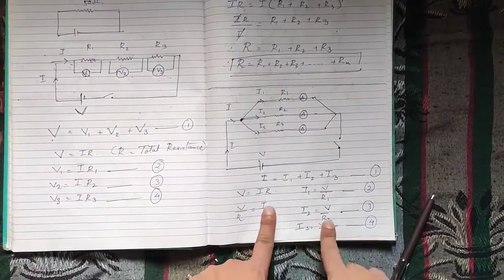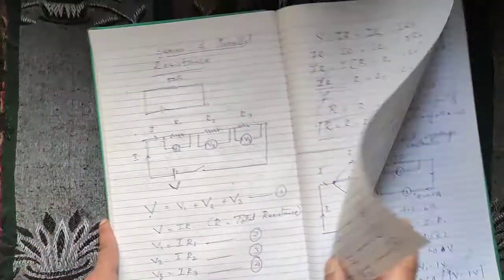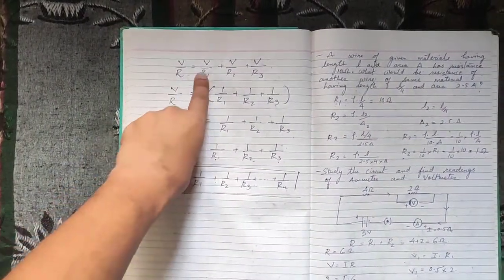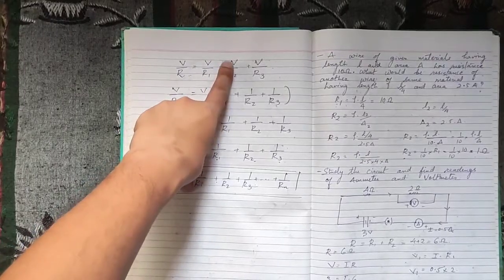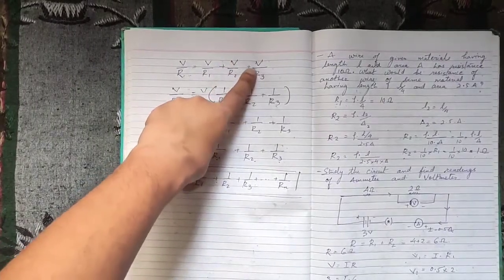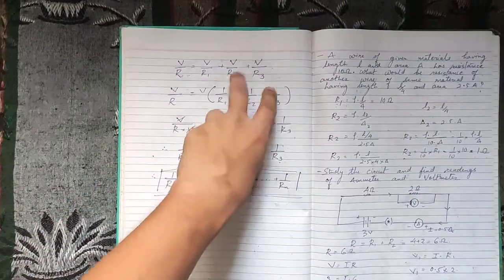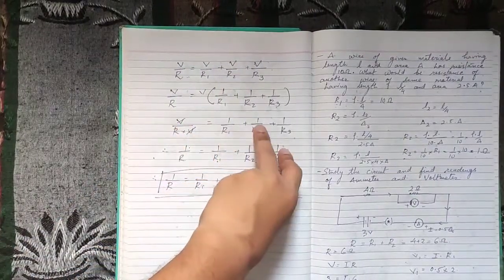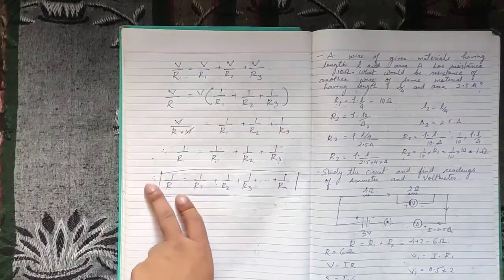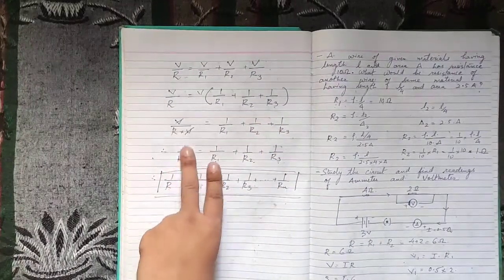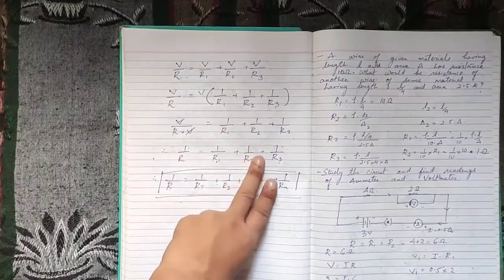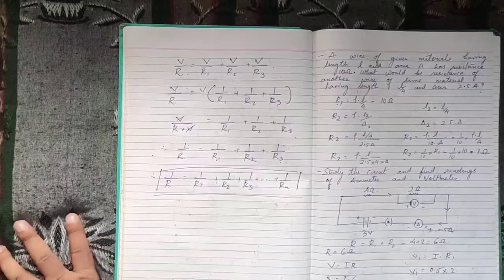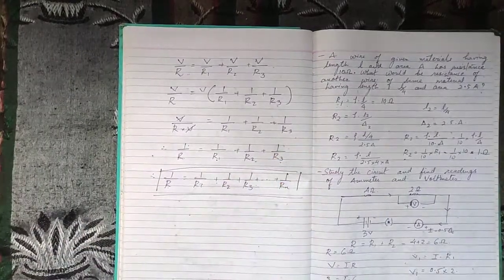Substituting all these values of current in our main equation, I is equal to V by R, I1 is equal to V by R1, I2 is equal to V by R2, similarly I3 is equal to V by R3. Taking V common, V gets cancelled out. So 1 by R is equal to 1 by R1 plus 1 by R2 plus 1 by R3. If we have n number of resistors connected, then plus 1 by Rn.